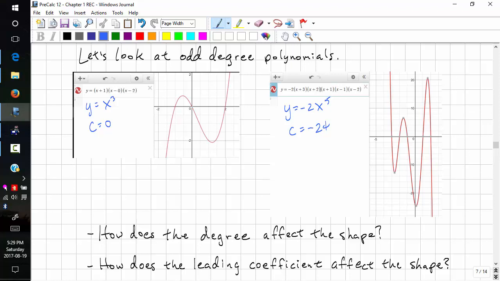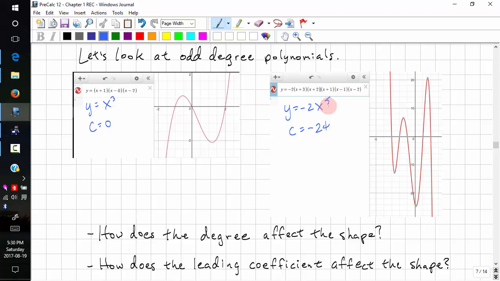Okay, but how does the degree affect the shape? This is odd, this is odd. So we don't talk about concavity here. So very generally, how does the degree affect the shape? Okay, so we have hill, valley. So that's two hills and valleys. Here we have 1, 2, 3, 4 hills and valleys.